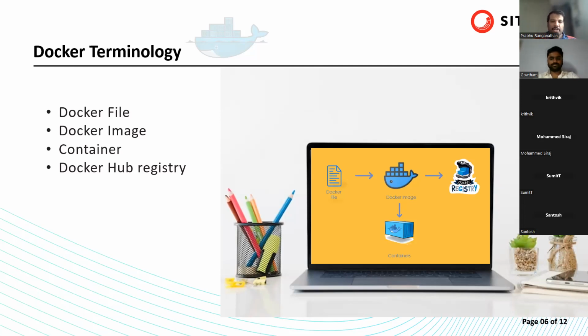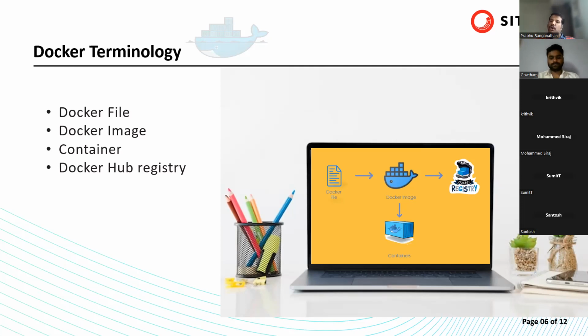So we need to take all that information, package it, and install it into another instance. In that case, you have to mention everything in the Dockerfile. That's how the Dockerfile works. In the Dockerfile you mention what things have to be included, so that it can be transferred to another instance.